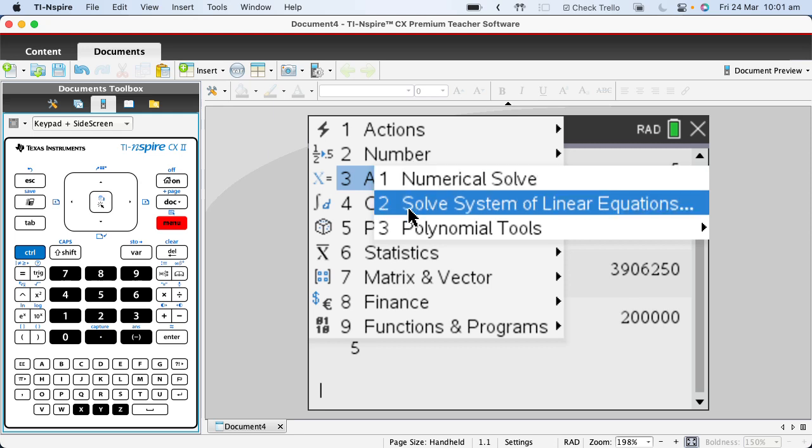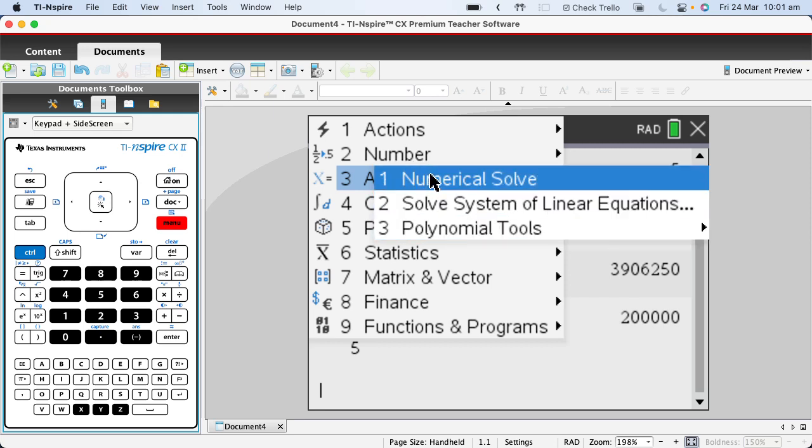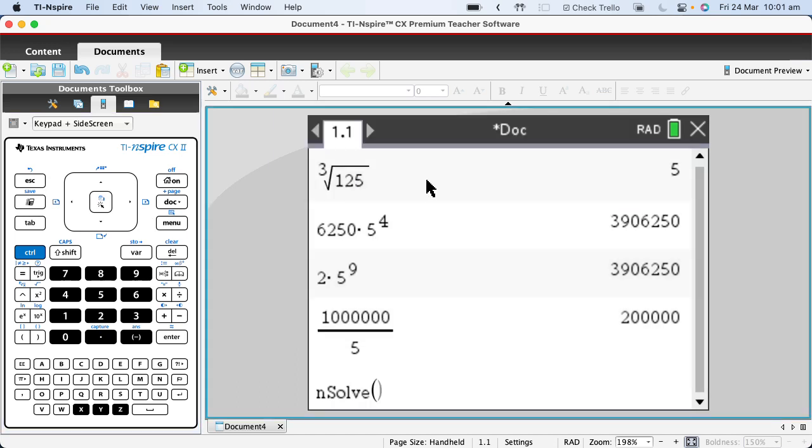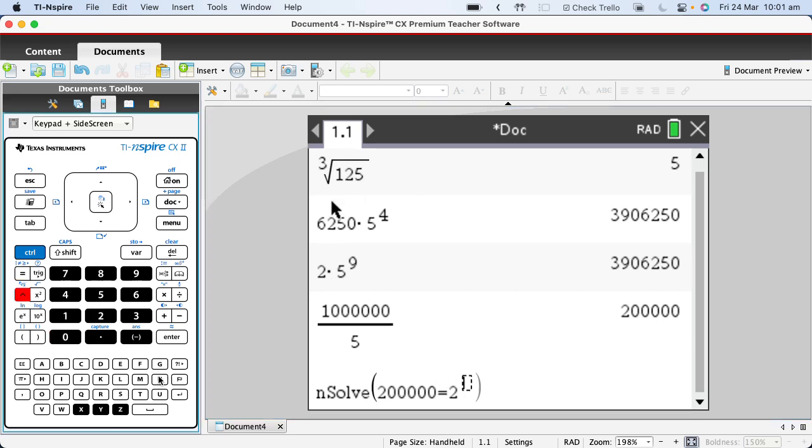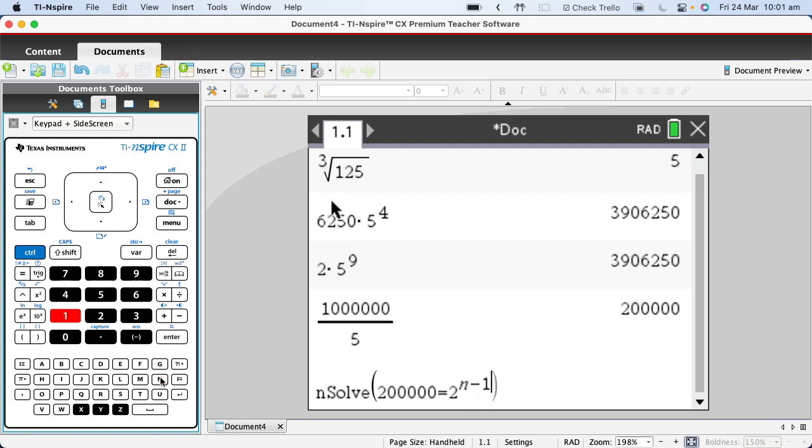What you do have as an IB student is numerical solve. So if I click on numerical solve and then I type my equation in, now I'll put in the one that we kind of half did, which was 200,000 equals 2 to the power of n minus 1.